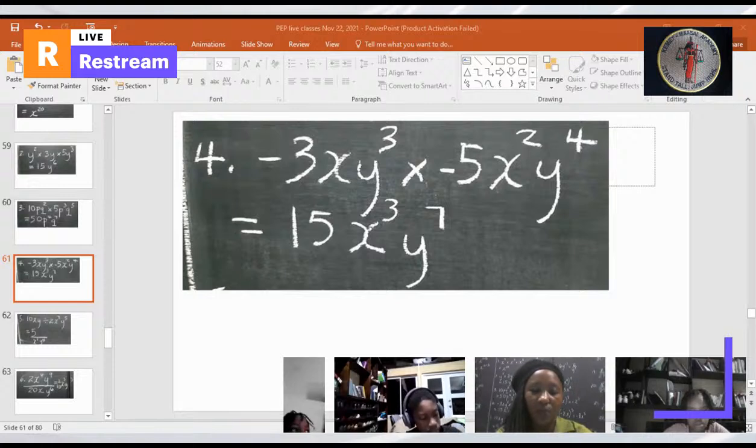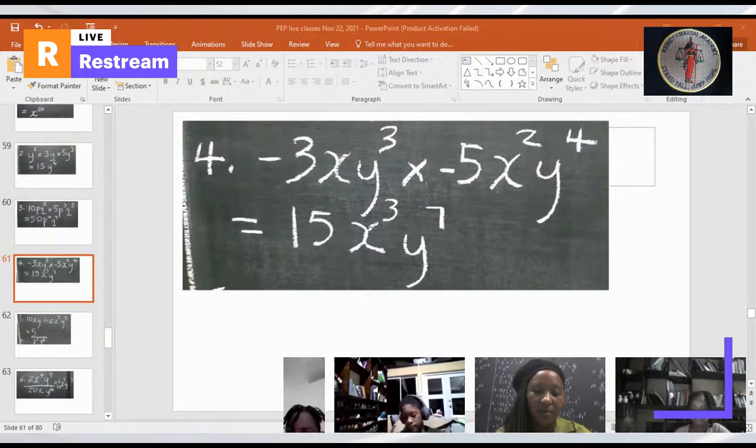And how did we get x cubed? The first x is x to the first power.